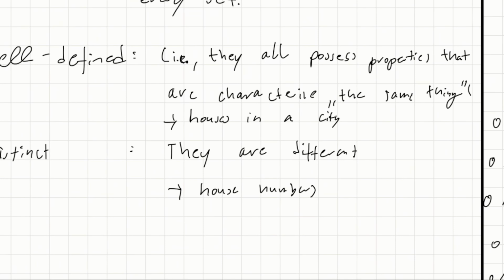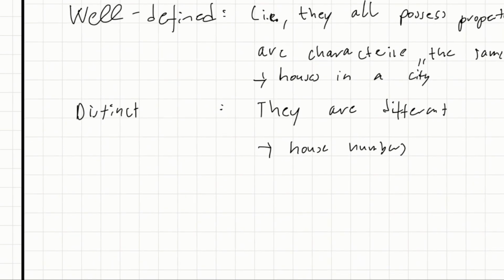Let's take houses as an example. They all possess properties which are characterizing the same thing. For example, if we have a look at a city, we can characterize houses with certain descriptions. So we are able to make a set with all houses in a city, but they are also distinct.